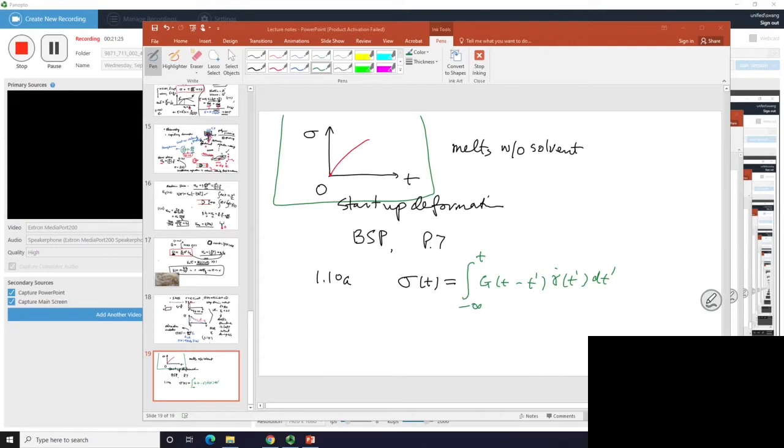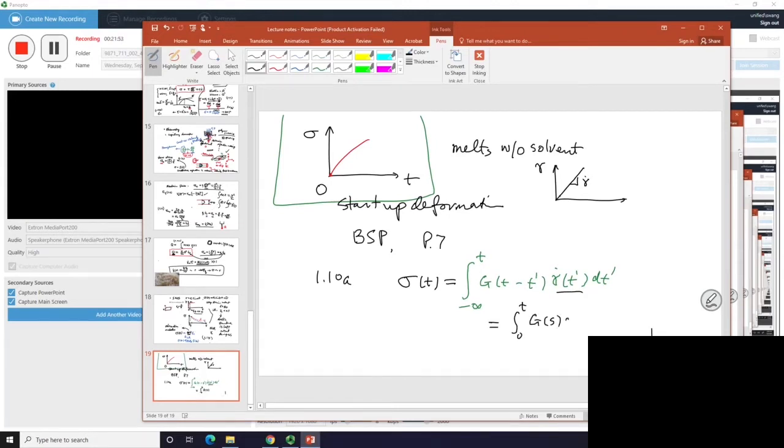Since it's completely trivial, we are doing a startup shear. So your strain is increasing because of the startup, and the shear rate is constant. It's just that slope. Therefore, this shear rate is time independent. It drops out, and the shear rate is only applied after t equals 0. So everything drops out. What you have is this.